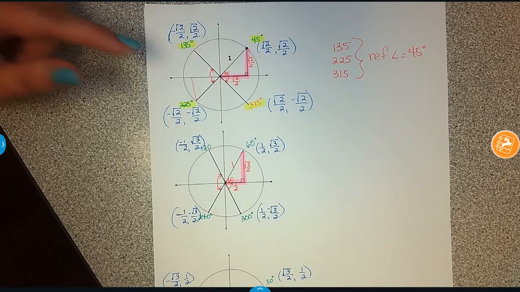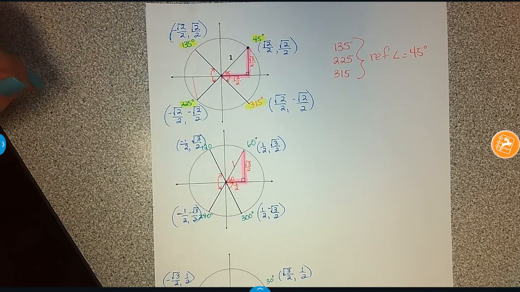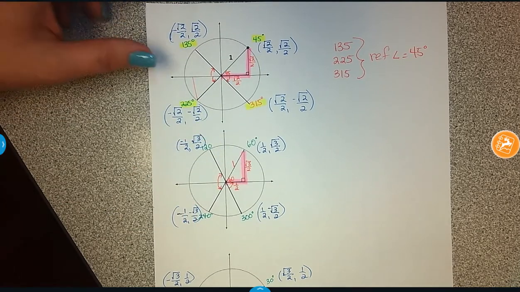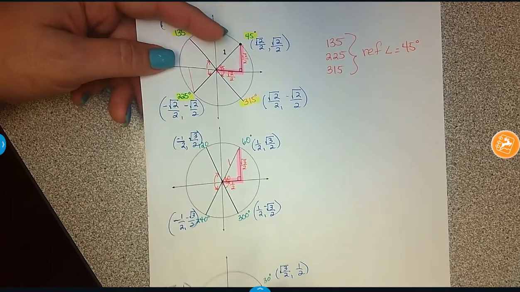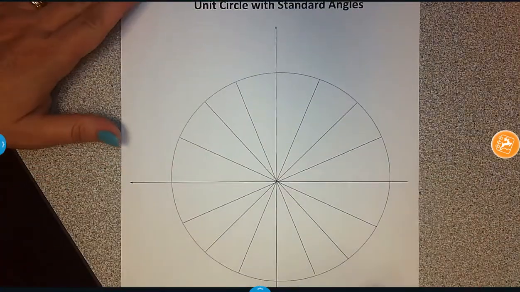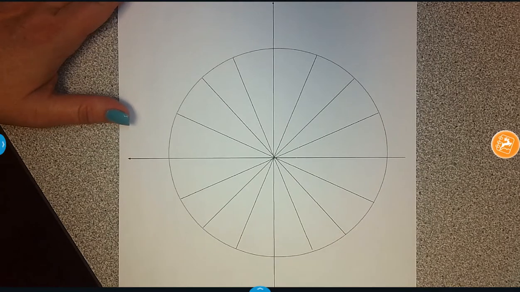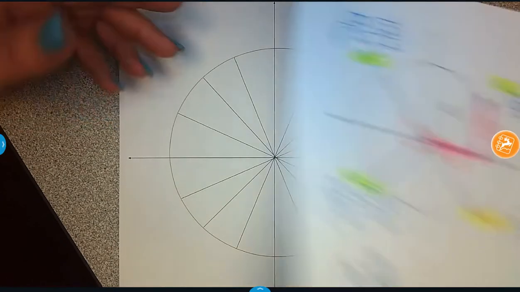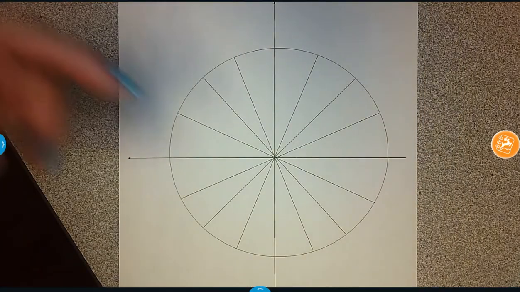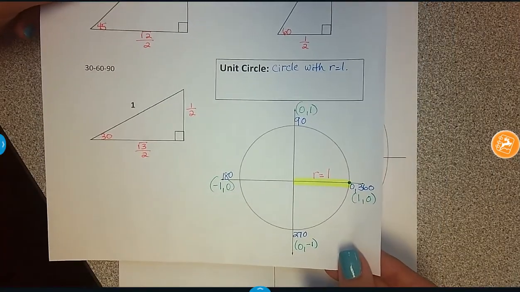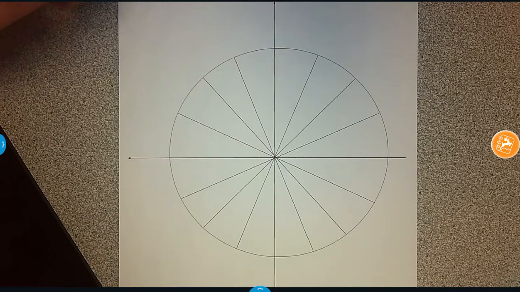Then all you have to do for these other angles is know how far they are from the x-axis. So now here's the last little bit, and this is what your homework is going to be, is to take this unit circle that has all of the angles from this page and this page and put them on your circle.